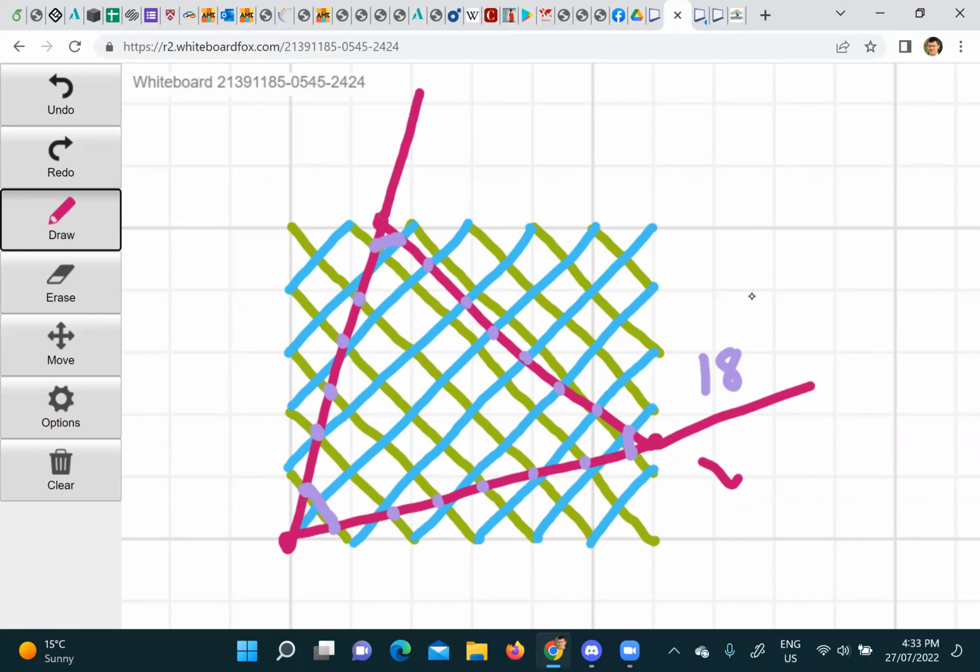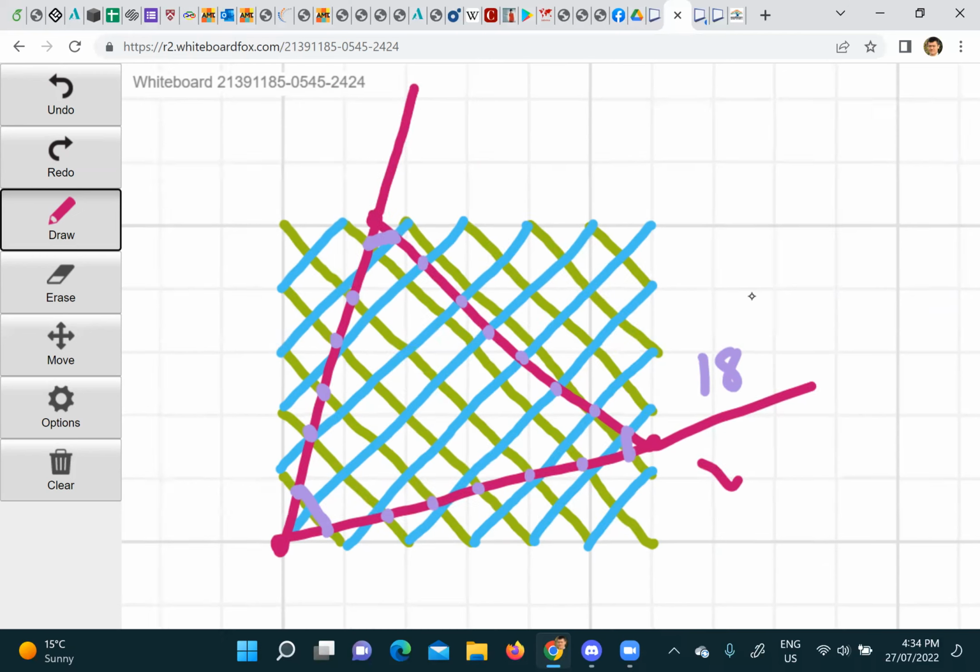Okay? So the number of squares that the third side cuts is basically the number of blue lines that's in between the other two red lines minus 2. Okay? Does that make sense? It's minus 2.